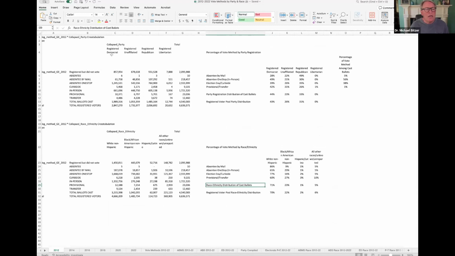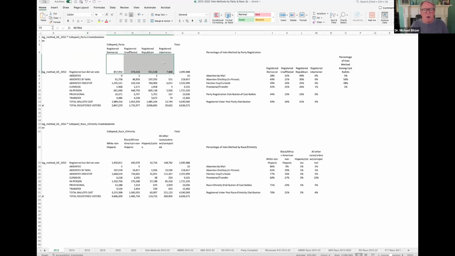My apology. So again, just kind of repeat. These are the various vote methods: absentee, absentee by mail, one stop, curbside. These are all the vote methods that we can pair with a registered voter to see how they voted in 2012. Usually the first line is registered but did not vote.